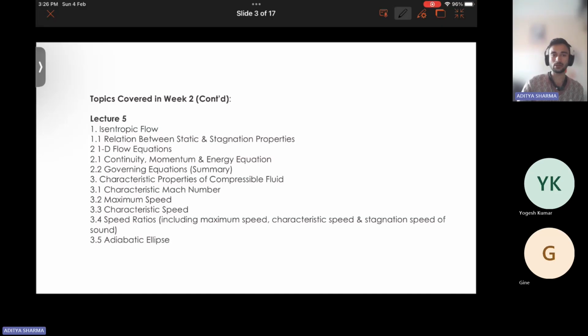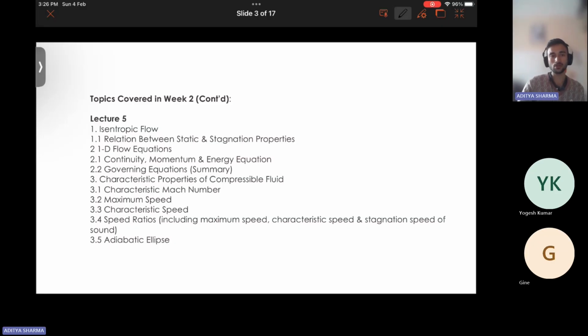There we also discussed three fundamental equations: the continuity equation, that is the conservation of mass, the momentum equation, that is the conservation of momentum, and the conservation of energy equation.